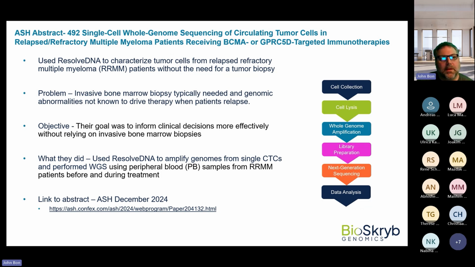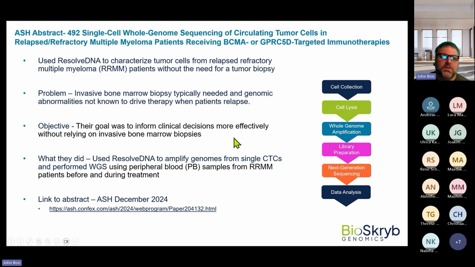These patients were relapsed and refractory, and this group wanted to do a blood draw, isolate circulating tumor cells, whole genome amplify the DNA from those cells, sequence those cells, and then hopefully have a more informed decision on why they're refractory, and how to treat these patients. So that's what this abstract is all about.